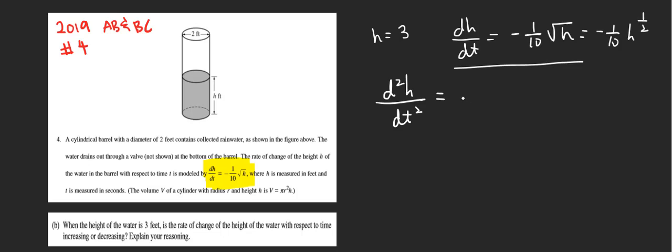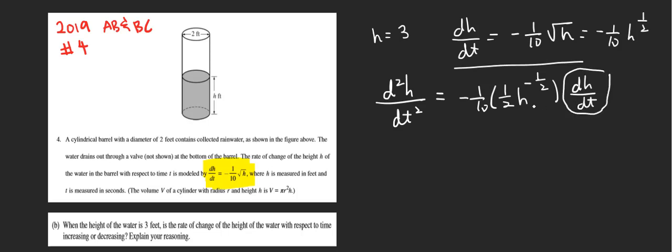So you will get negative 1 over 10 times 1 half h to the negative 1 half. Now remember, you have to use implicit differentiation. What is the derivative of h with respect to time? That's going to be dh over dt. Just think about the chain rule. This came from taking the derivative of h with respect to time.